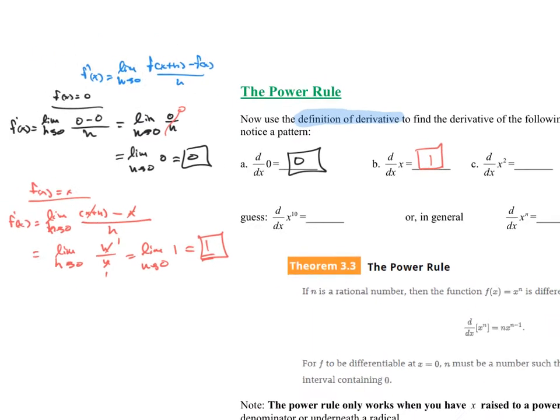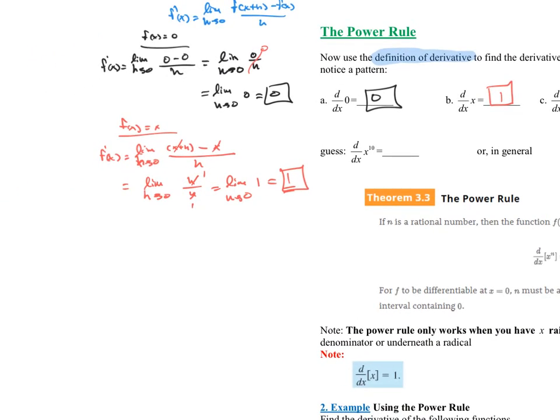Let's go ahead and try it for x squared now. Use a different color for you. How about f of x equals x squared? So if we want to find f prime of x, it's going to be the limit as h approaches 0 of f of x plus h. So wherever we see an x, we plug in x plus h in parentheses. So that'd be x plus h quantity squared minus f of x, the original function, which is x squared, all over h.